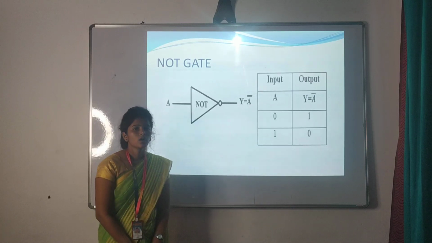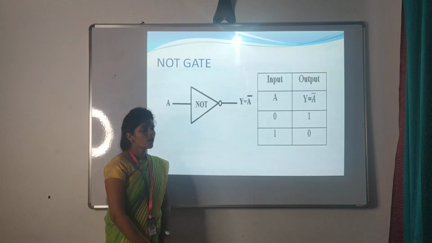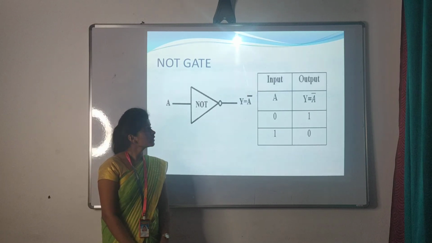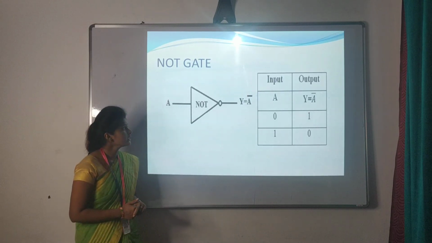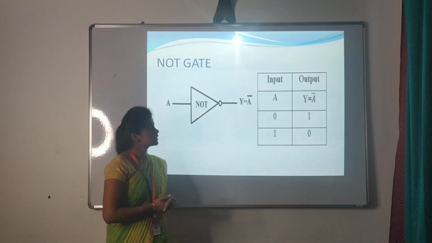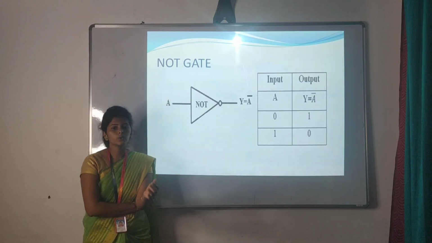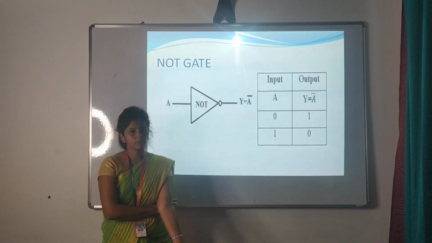The Boolean equation of the NOT gate is Y = A bar. That means Y is the output and A is the input of the inversion. Y = A bar means the output is equal to the complement of the input.